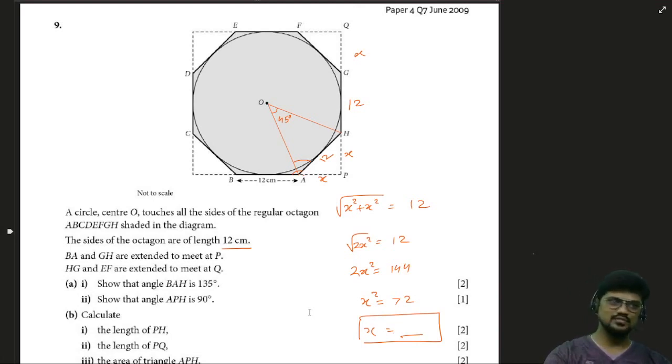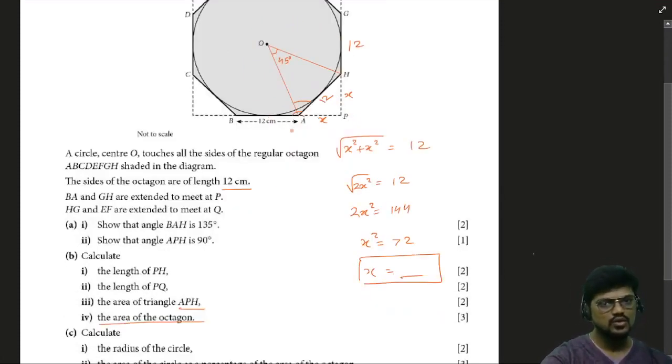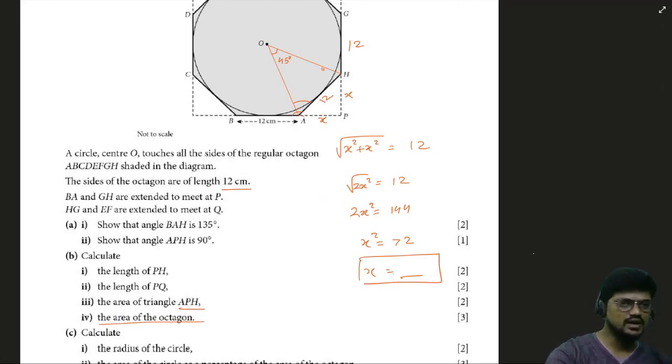You can use sine rule to find one side of the triangle. Which sine rule? In this triangle OAH you are saying? But that is not a right angle triangle. How can you use the sine rule?